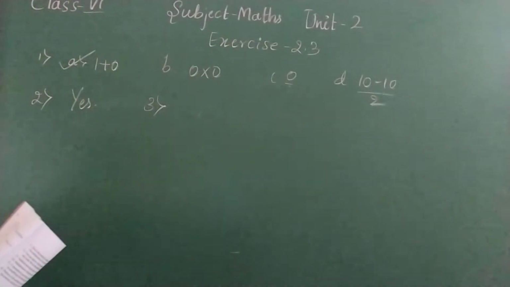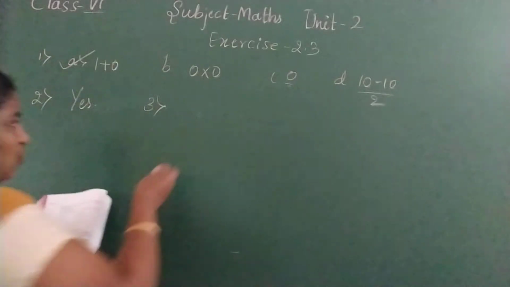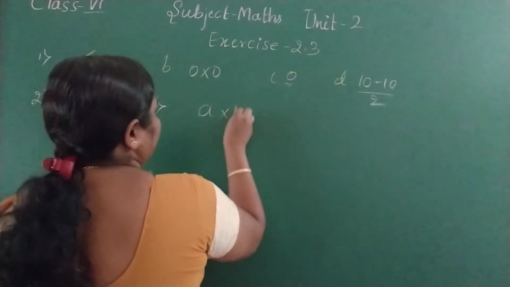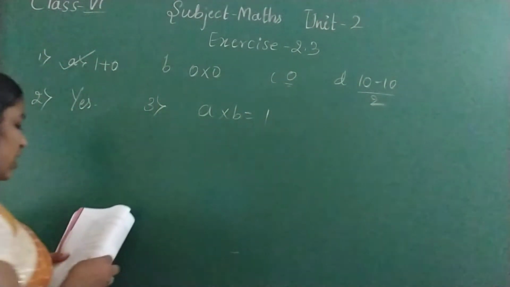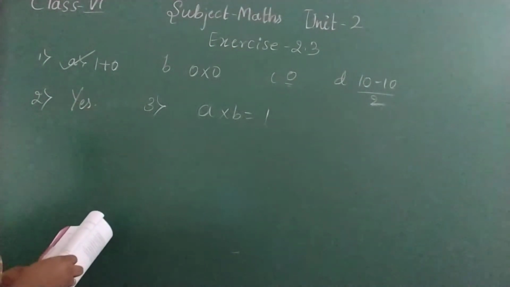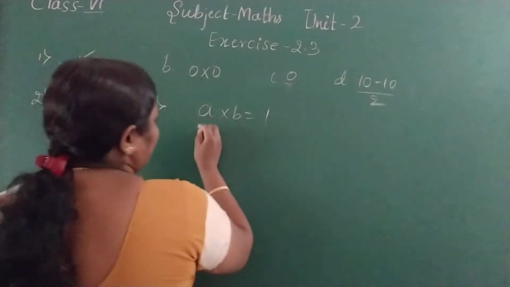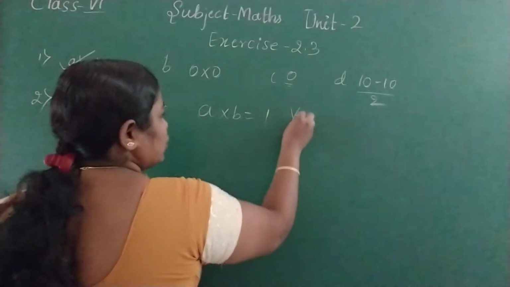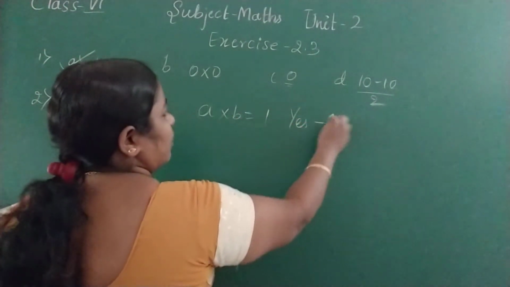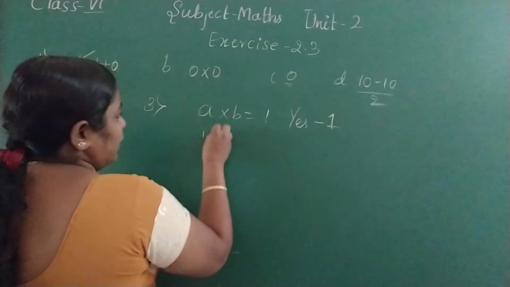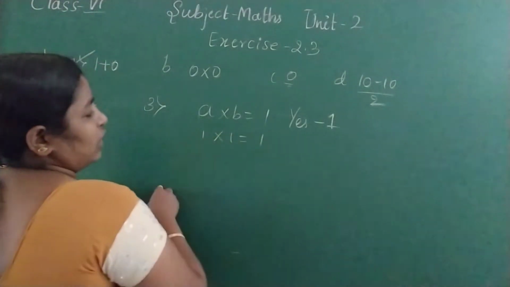if the product of two whole numbers is 1, can we say that one or both of them will be 1? So yes, both should be 1 because 1 into 1 is equal to 1.